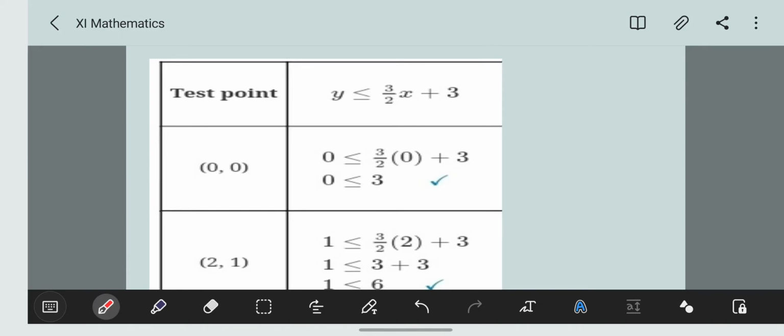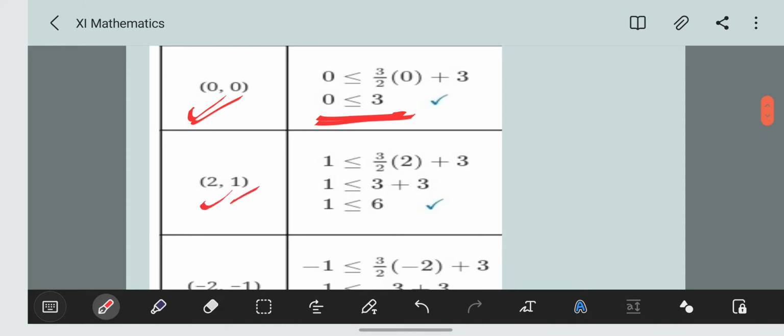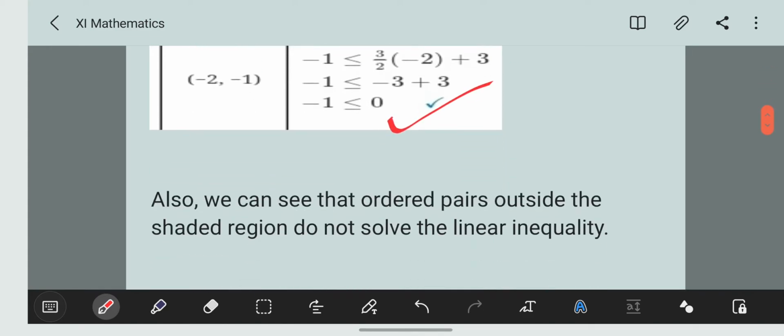The first test point is 0, 0. Putting it into y less than or equal to 3 by 2x plus 3, you get 0 less than or equal to 3. If you take 2 and 1 as the ordered pair, 1 is less than or equal to 6. So this also satisfies.